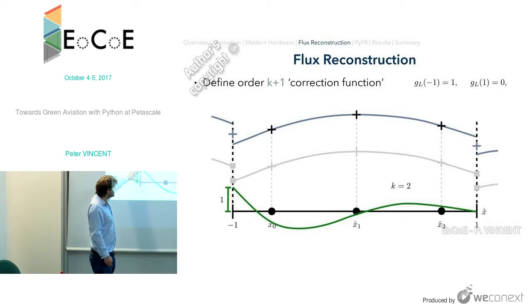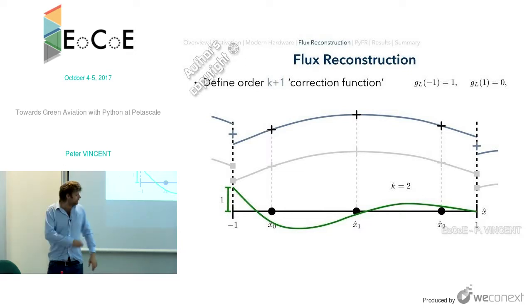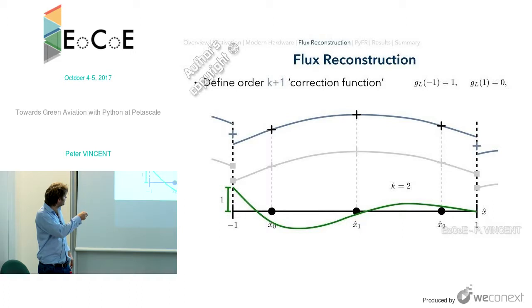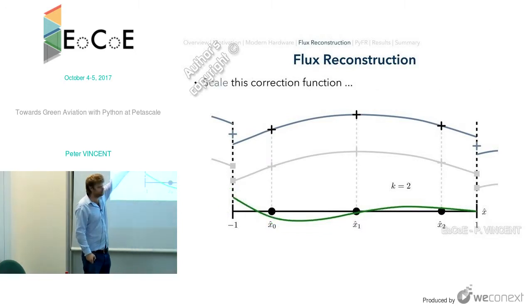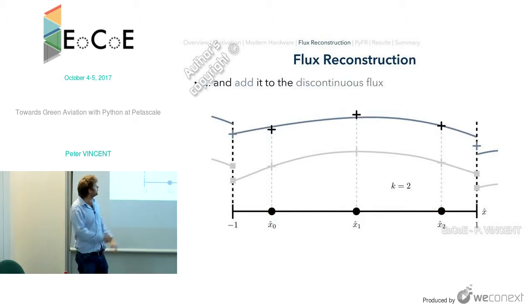And we scale this correction function by the value of the jump between the common interface flux and the discontinuous flux at the left-hand boundary. So we scale the green line by this jump, like this, and then we add this scaled correction function onto the discontinuous flux, and it now attains the value of the common interface flux at the left-hand side. And has added the wiggles of the polynomial onto it.